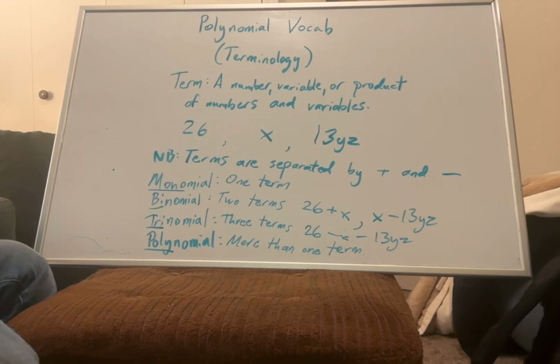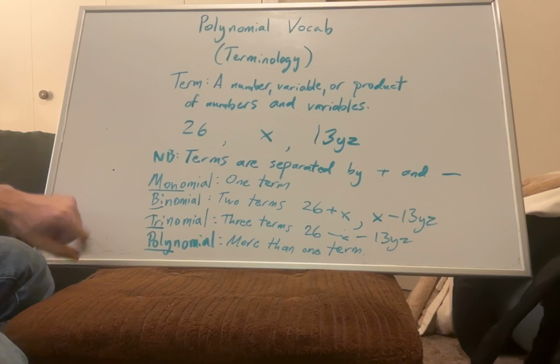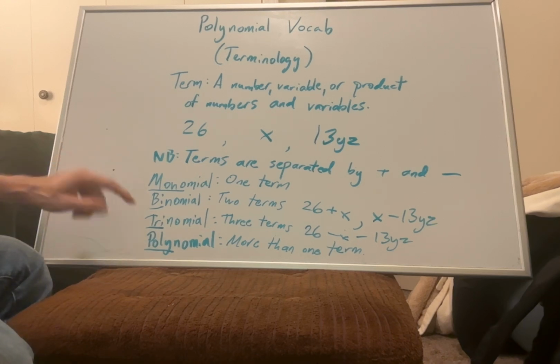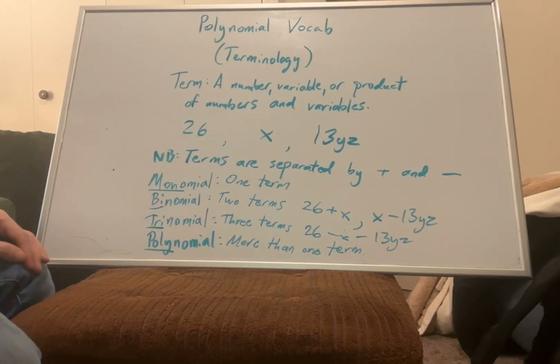Now, one last note, which I didn't write down here, is that when we are classifying expressions, whether they are monomial, binomial, trinomial, etc., we only start to count how many terms there are in the expression once we've combined all of the like terms.